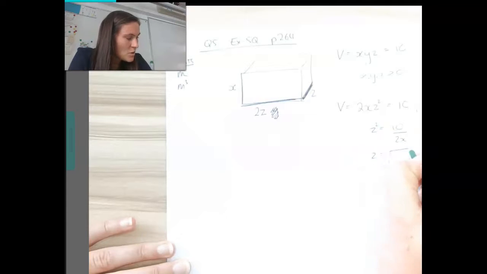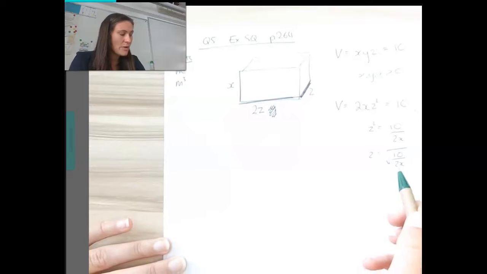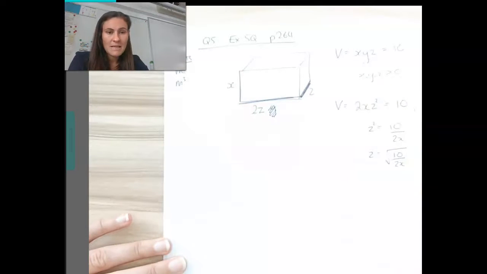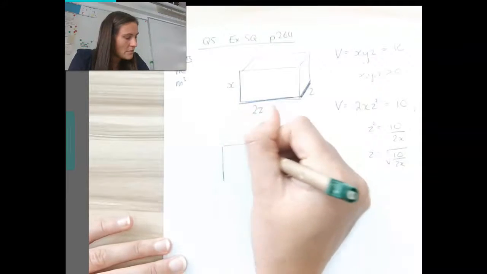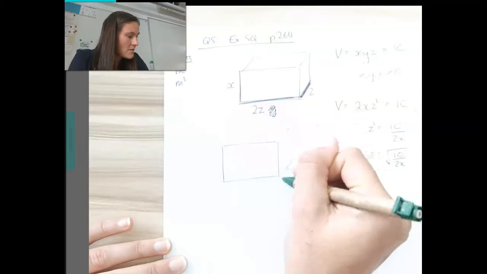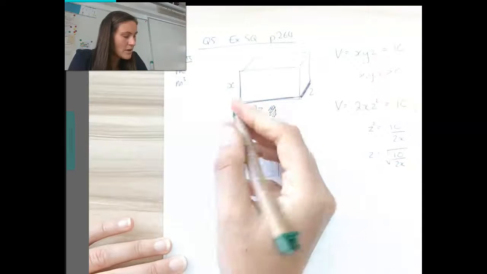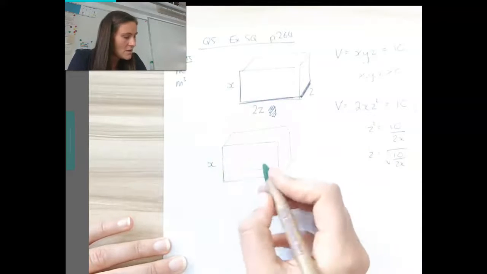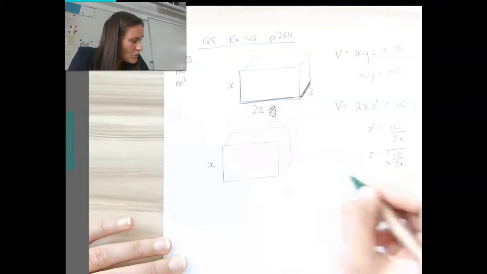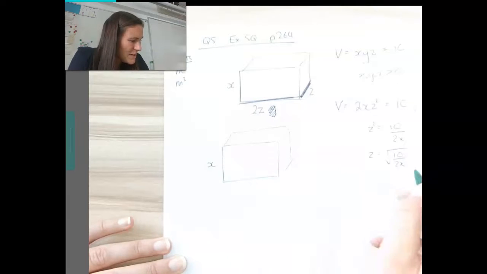So z is going to be the square root of that. And it's going to be the positive square root, because we've already said that z has to be greater than 0. So I'm going to redraw this with just everything in terms of x. So I've got x as the height. I'm going to leave it like this for now. No, hang on. Why don't I simplify it slightly?